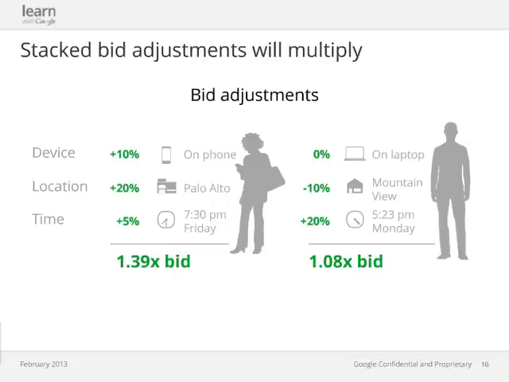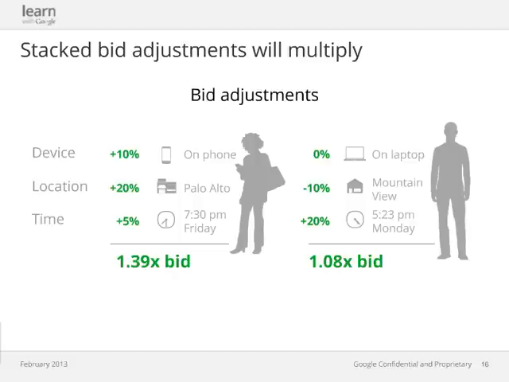In Mountain View, you want to take away 10%, so you multiply by 90%. So it's 90 cents, and then you multiply that by 1.2 to get someone who's out on the Friday. So you get 0.9 times 1.2, which is 1.08 times the bid. So the key message is that these stacked bid adjustments will multiply. So that's what you have there.